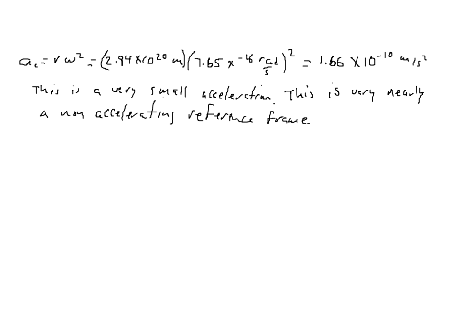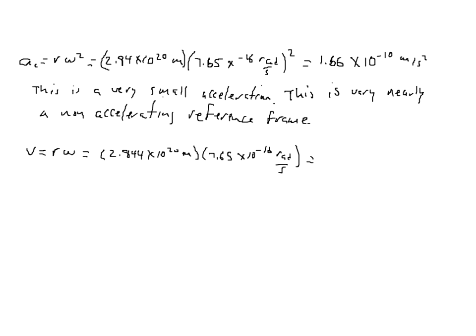Okay, the second part was calculate the average speed. So v equals r omega. So that's 2.844 times 10 to the 20th, and omega was a small number, 7.65 times 10 to the minus 16th radians per second.